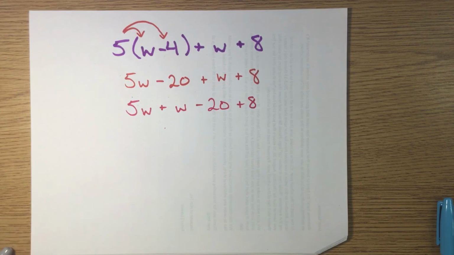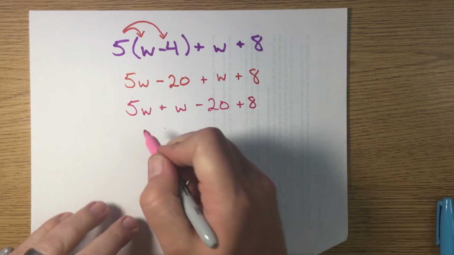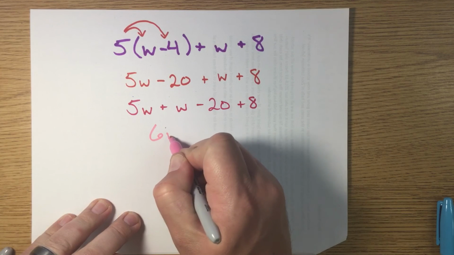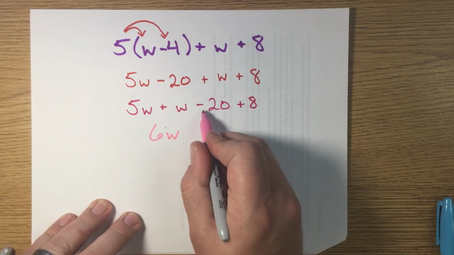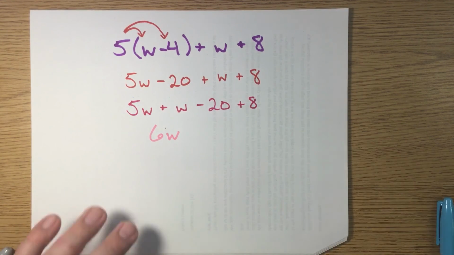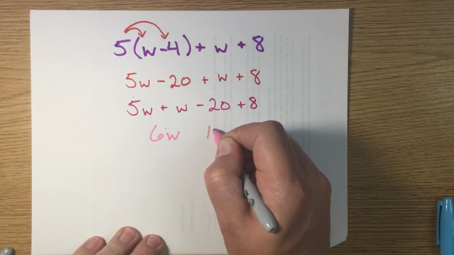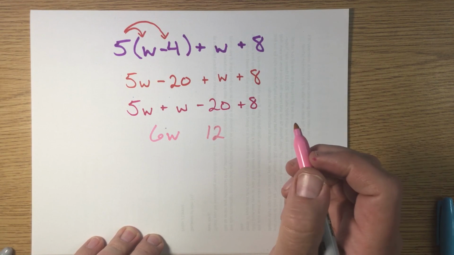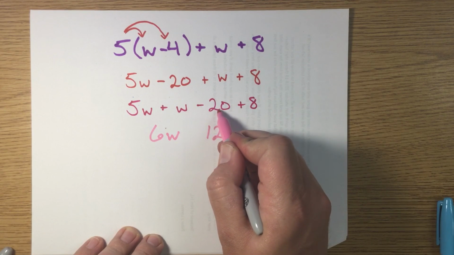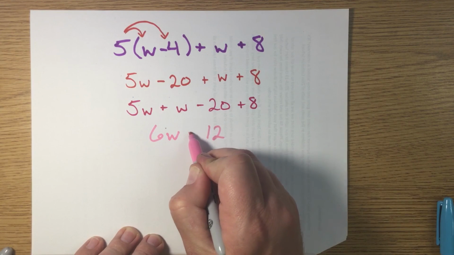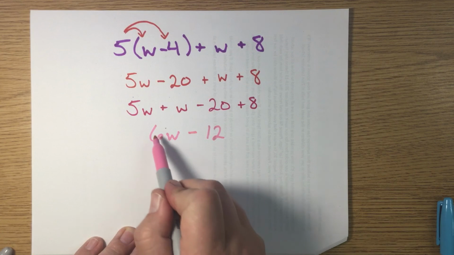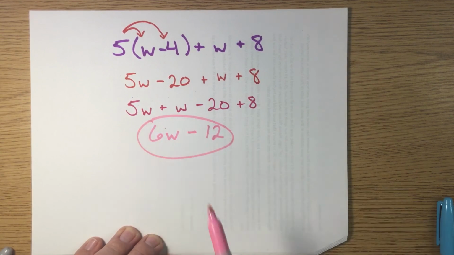How many w's is that? That would be 6w. Then I have negative 20 plus 8. I have a negative plus a positive. Find the difference of their absolute values. 20 minus 8 is 12. And keep the sign of the greater absolute value. That's negative. So 6w minus 12 is my answer.